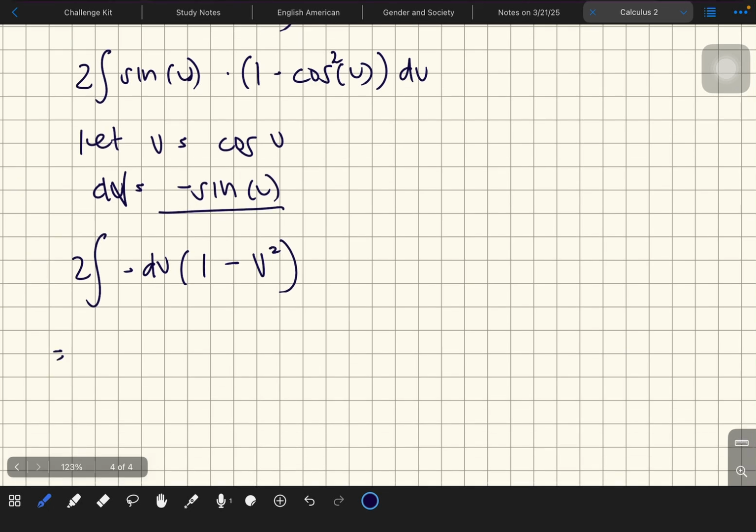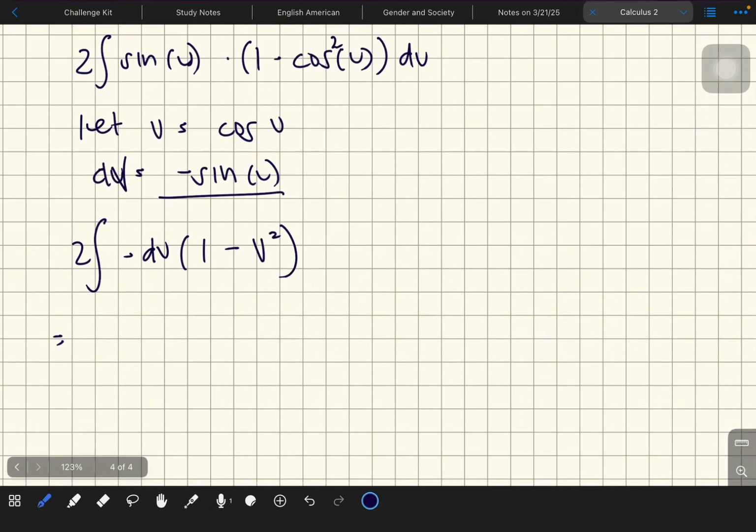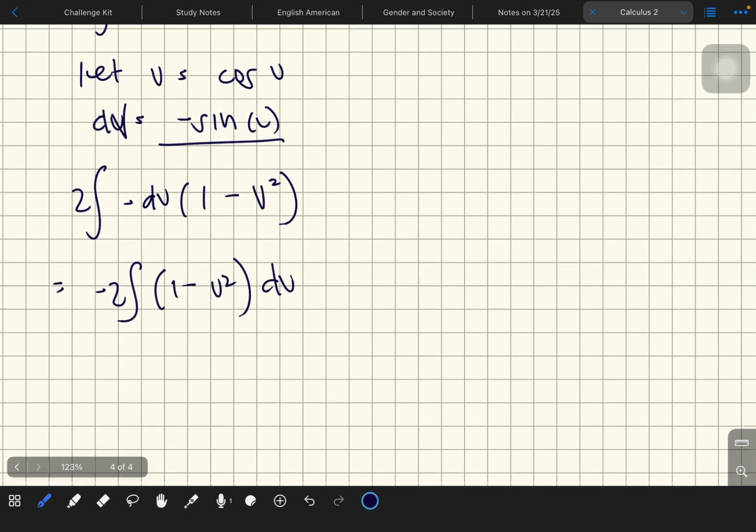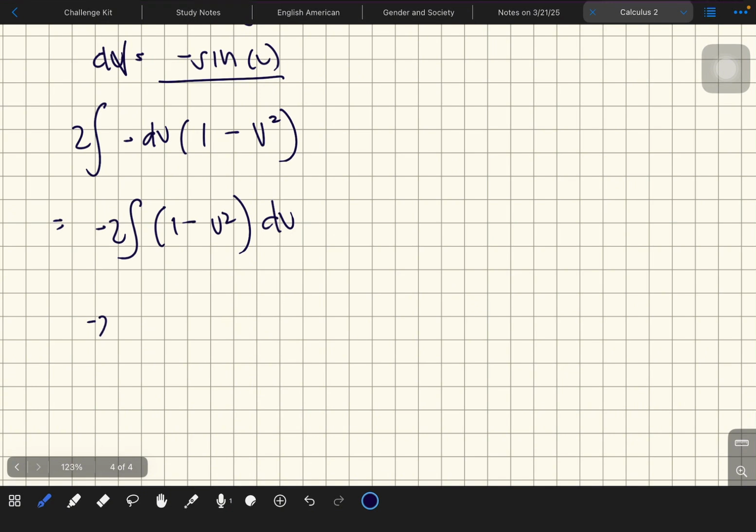So take the sign out of the integral, so the positive 2 becomes negative 2, integral of 1 minus v squared dv. So, negative 2, the integral of 1 minus the integral of v squared dv.